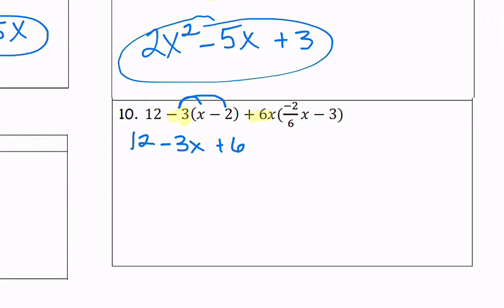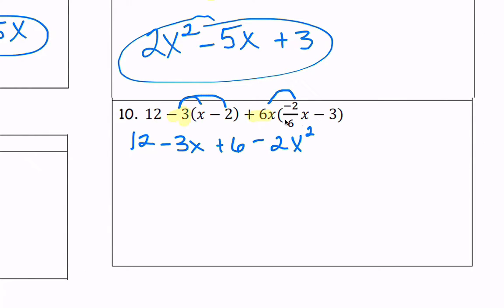All right, so now we have to distribute this 6x. So I'm going to have 6x times -2 over 6x. So if there's a lot going on, I like to focus on the numbers and then the variables. So 6 times -2 over 6. That's going to give me a -2. But I also have x times x, which is x squared.